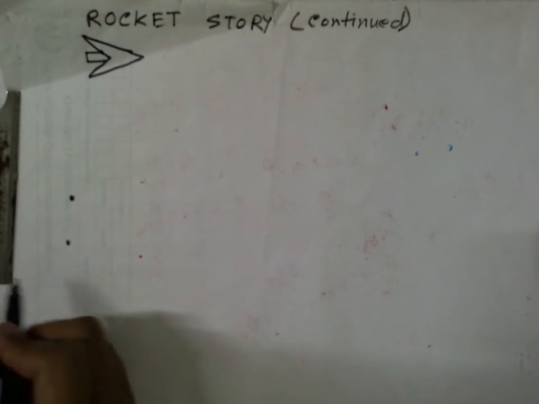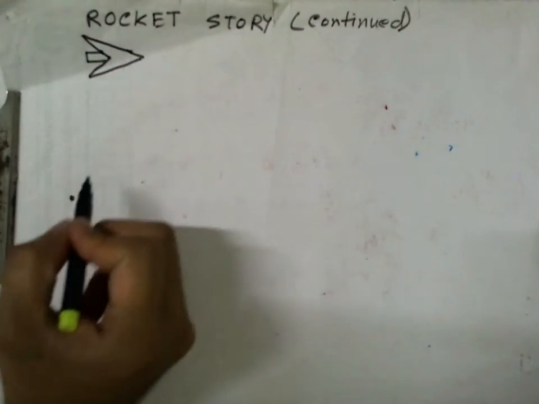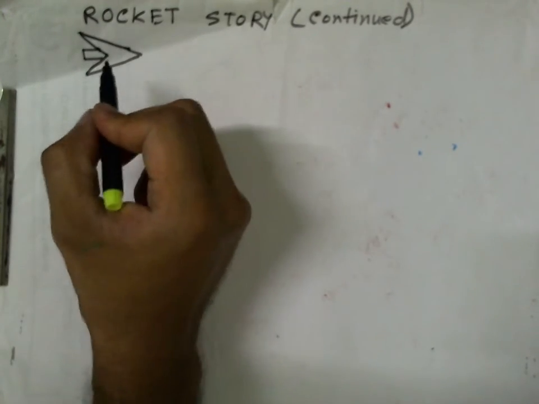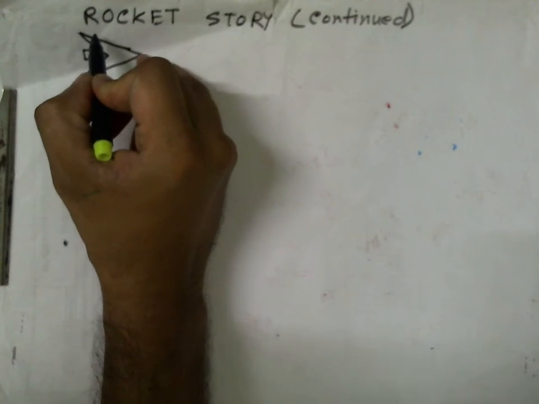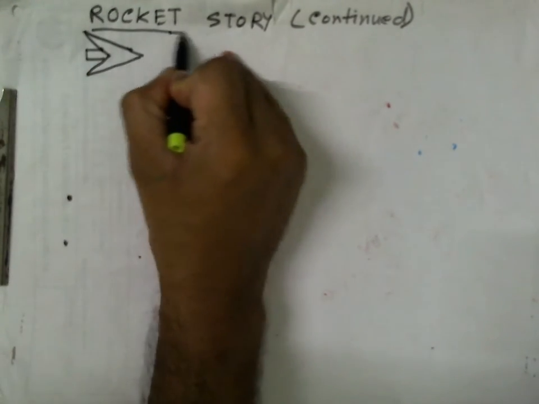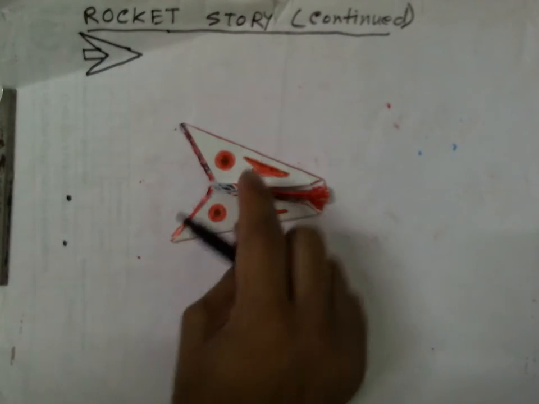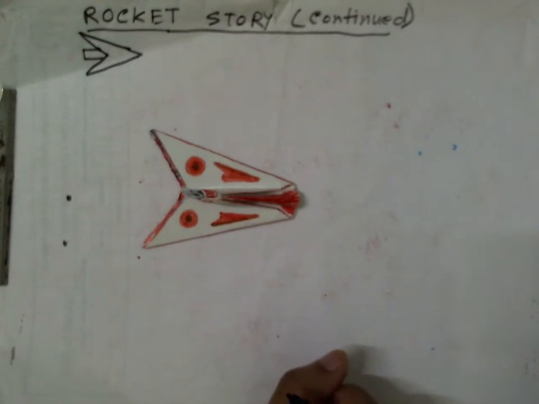Hi and welcome back once again to this series of videos. If you recall, we were discussing a story about my favorite rocket, which is here, and we were discussing the physics of how this rocket works.